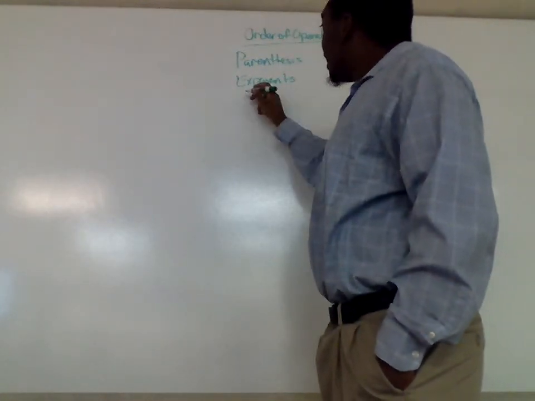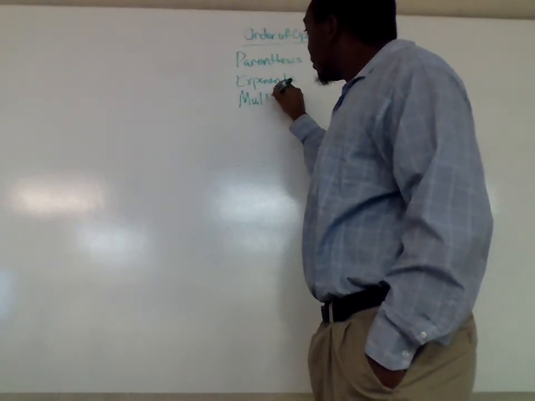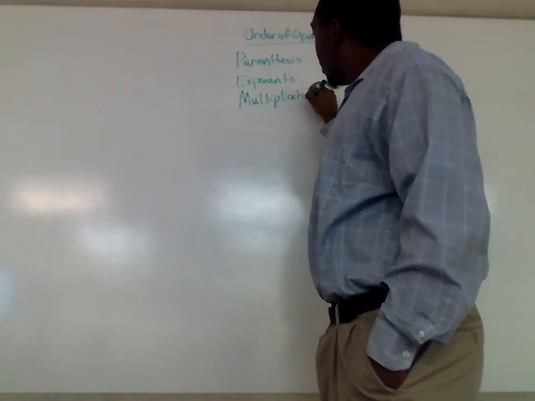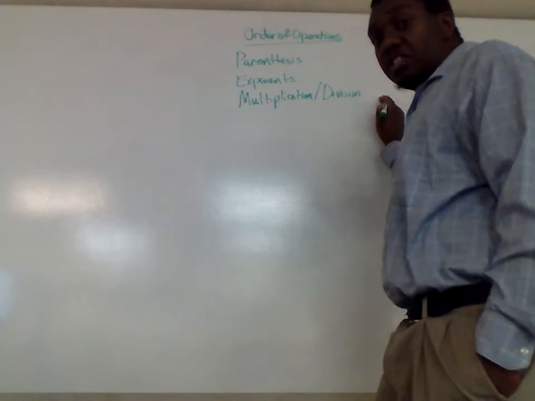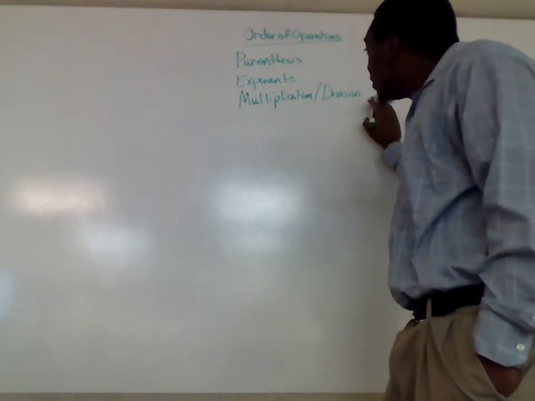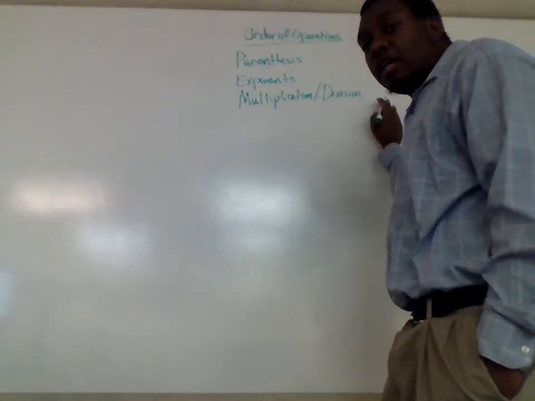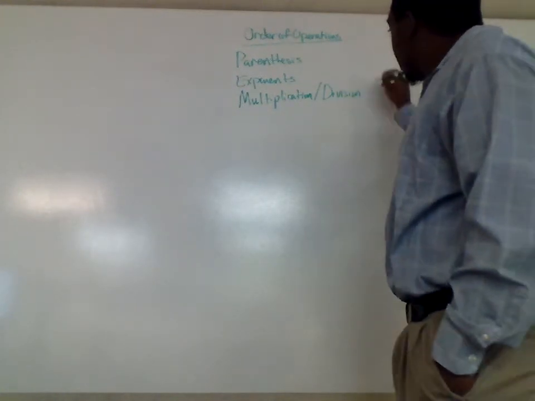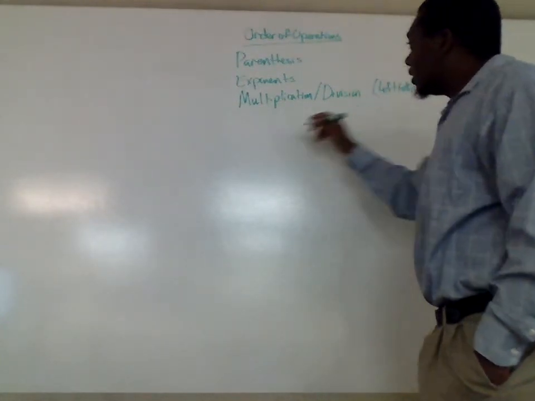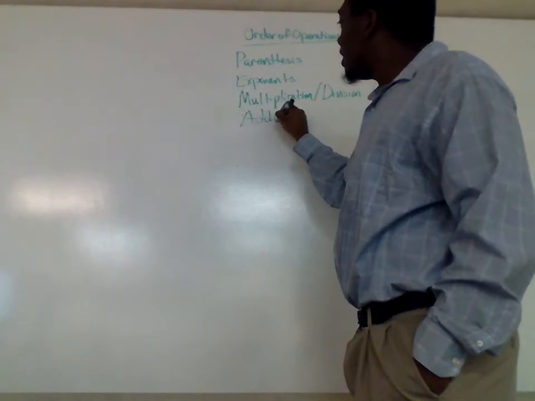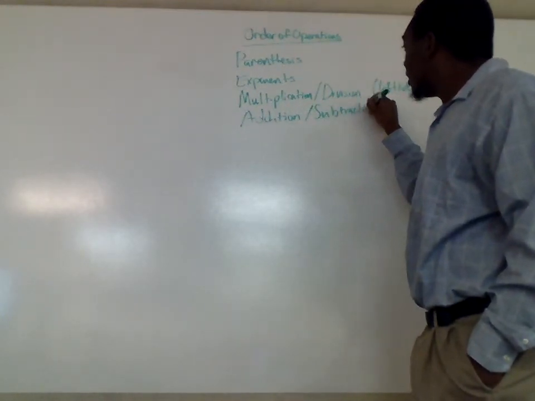So parentheses, exponents, and we'll do multiplication or division. Because remember, division was just the reverse of multiplication. So they're on the same level. So the way you handle problems that have both is you work it from left to right. And then we will also do addition and subtraction similarly, looking at it from left to right.